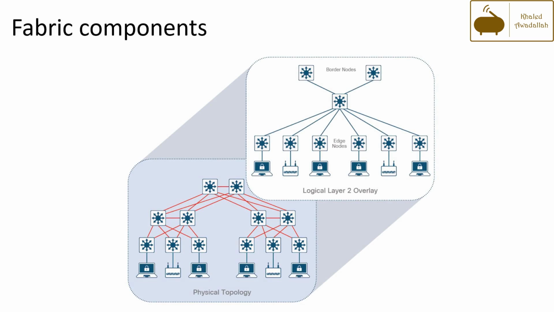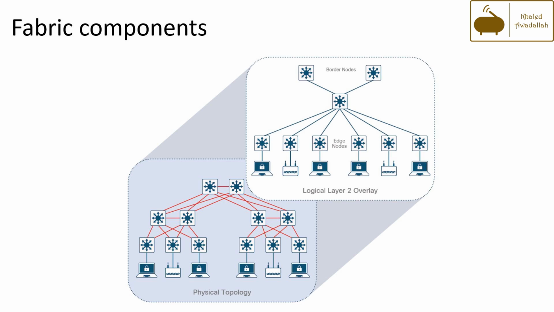The overlay network, Cisco calls it the fabric. Here, the fabric components from Cisco's DNA perspective consist of two roles for switches: the edge node and the border node.